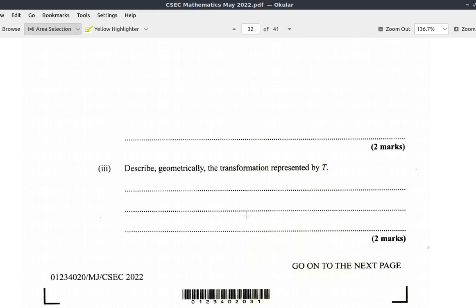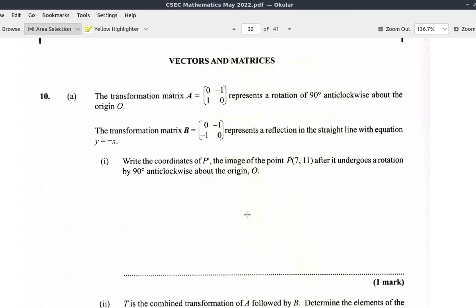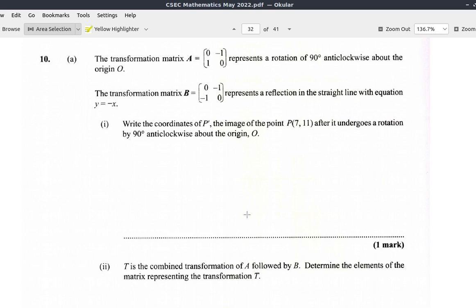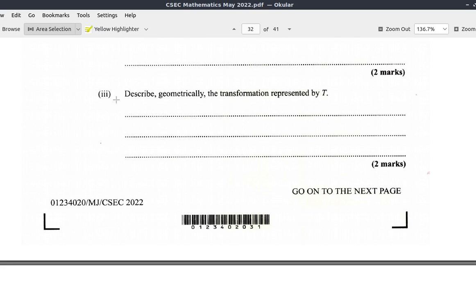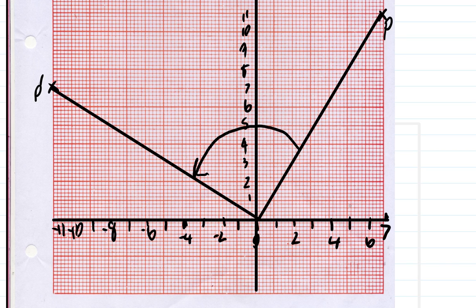Alright, here let's describe geometrically the transformation represented by T. We want to see what this matrix does. You have 1, 0, 0, negative 1. You have to know what it does before you can describe it.